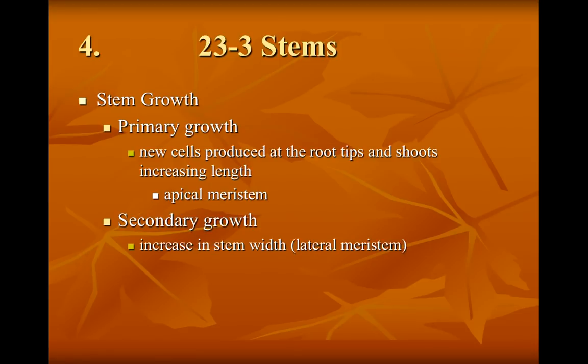Secondary growth is where a stem will actually grow wider, and there are things called lateral meristems. Secondary growth makes stems wider so that they can support more weight, because that plant is going to be growing bigger since it's living for a lot longer.